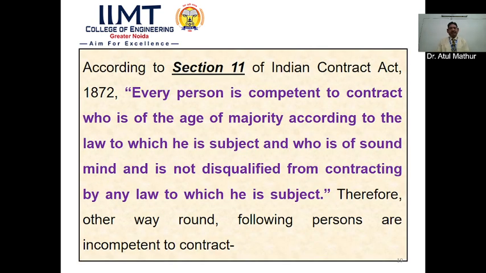According to Section 11 of the Indian Contract Act, 1872, every person is competent to contract who is of the age of majority according to the law to which he is subject, and who is of sound mind, and is not disqualified from contracting by any law to which he is subject. Therefore, the other way round, the following persons are incompetent to contract.